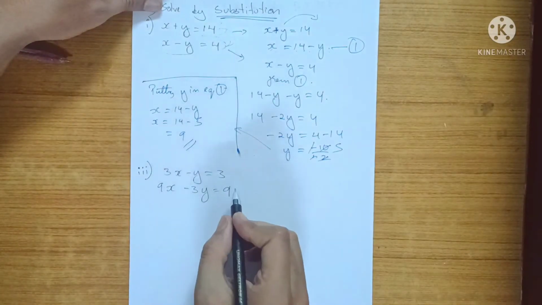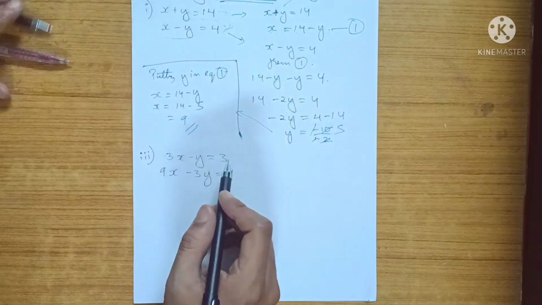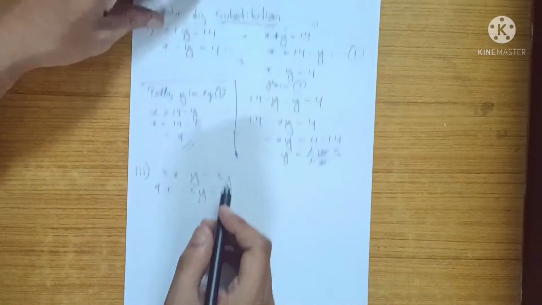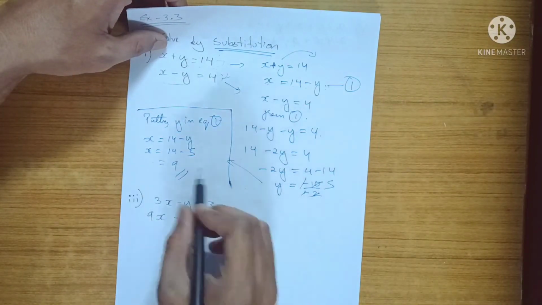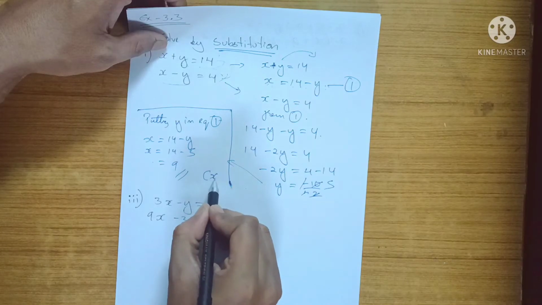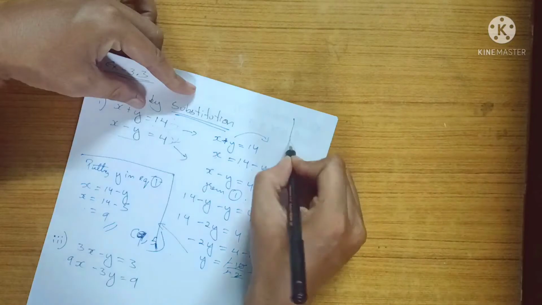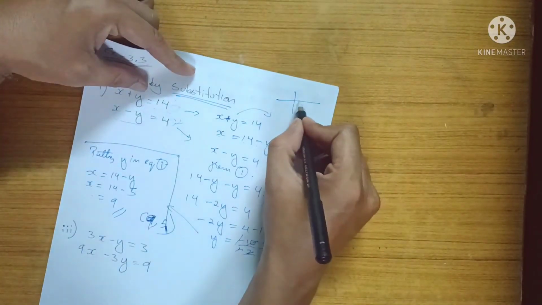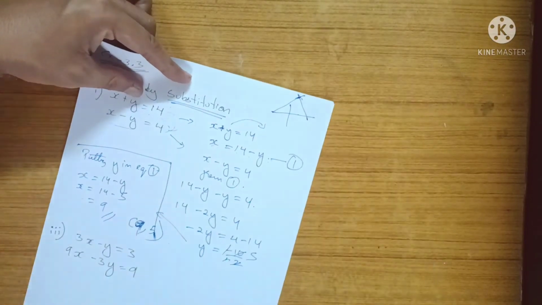We're assuming that it's a unique solution. So x is 9 and y is 5, which literally means in the coordinate graph, the point (9, 5) is where the two lines meet. That's what it literally means.